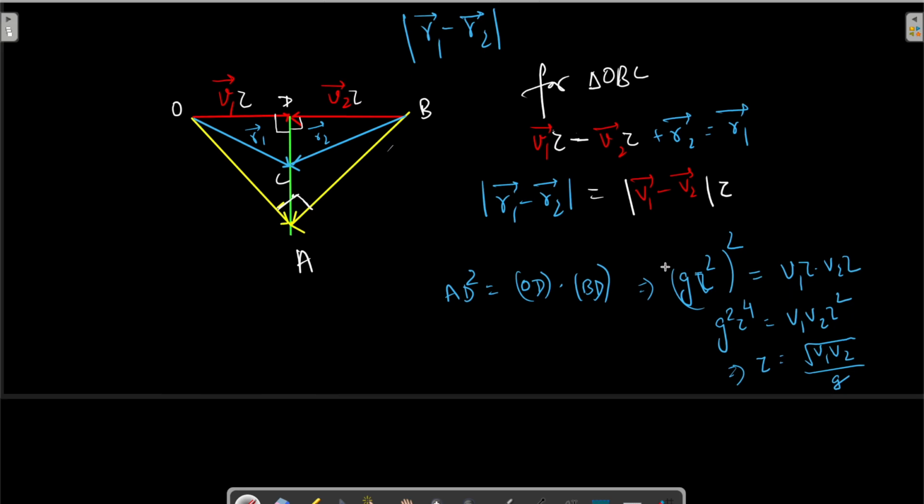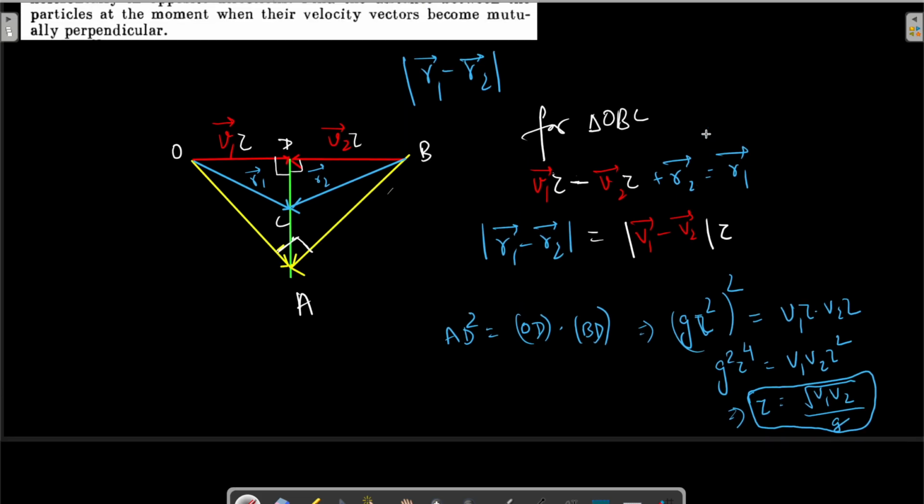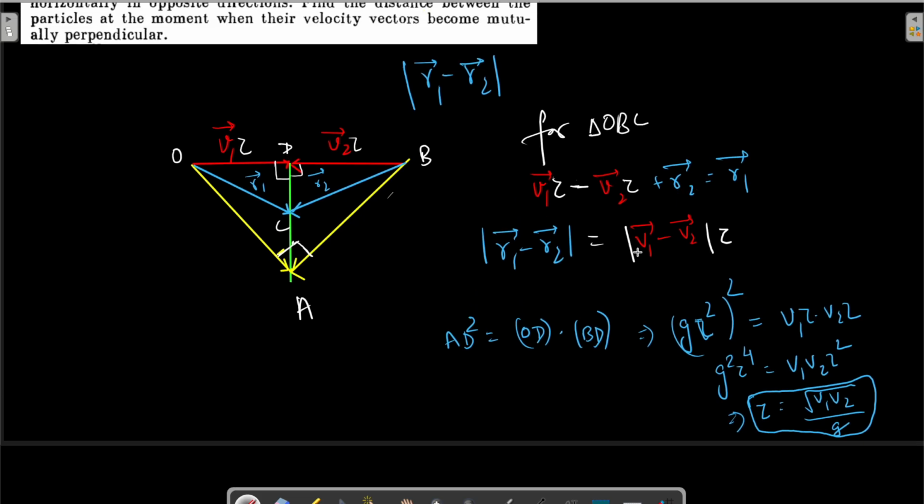Okay, so now we have this. We have got this tau, and the vector difference between v1 and v2 is how much?